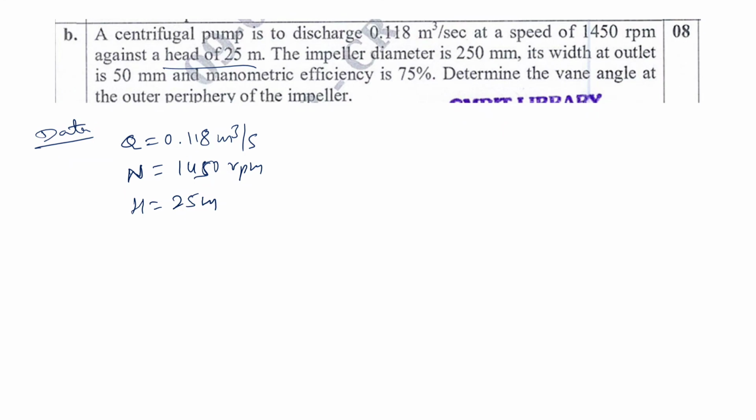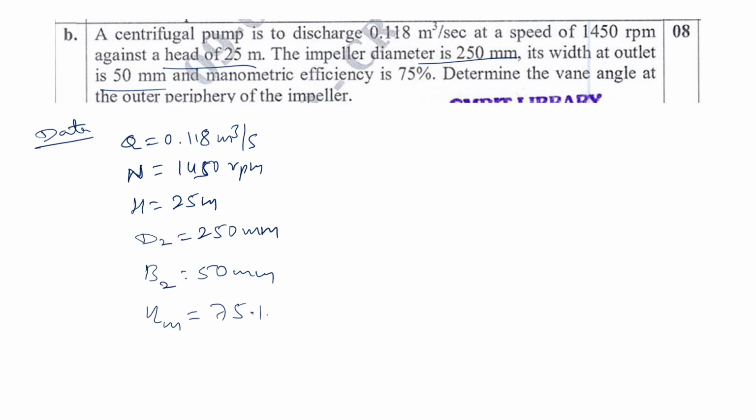The diameter D2 is equal to 250 mm. Then the width B2 is equal to 50 mm. The manometric efficiency eta m is equal to 75%.